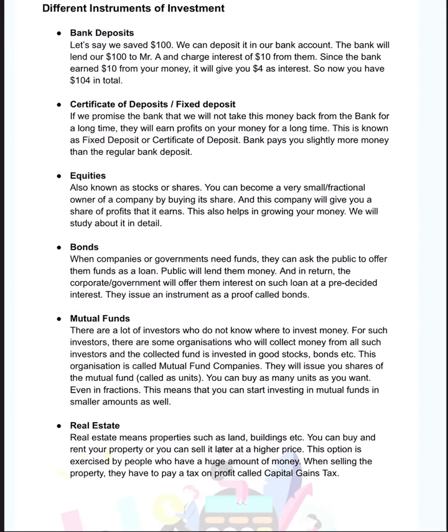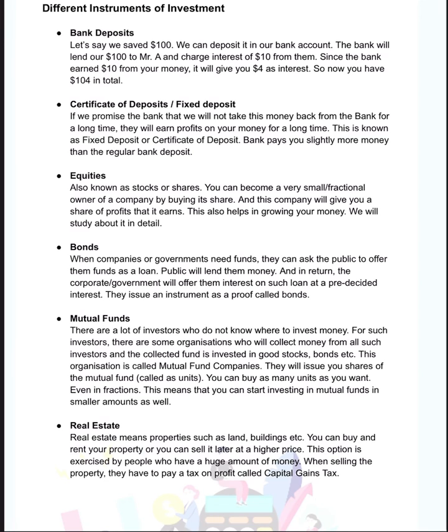Mutual funds. When there are a large amount of investors who do not know where to invest their money, like a lot of people in the world, there are some organizations who will just pool in the money from all of them, and they will put it into some larger stocks which you may not originally be able to invest in, and smarter stocks which you might not know about before.